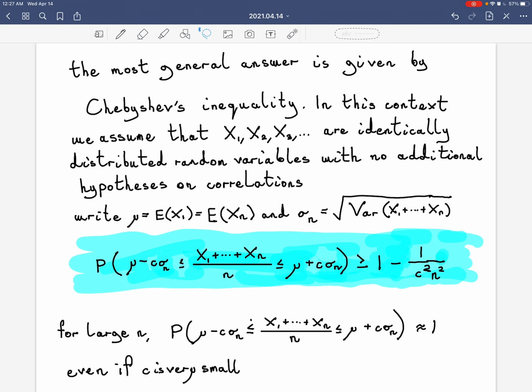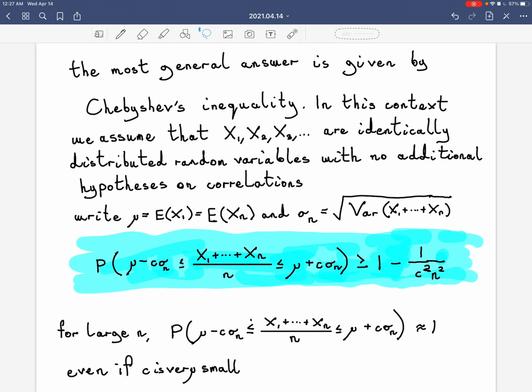And as n gets larger, you just get a stronger and stronger certainty that the average of what you see will fall within a certain error interval around the mean.